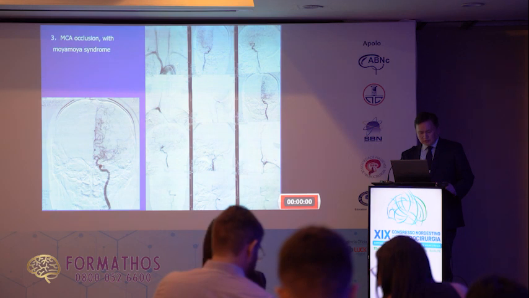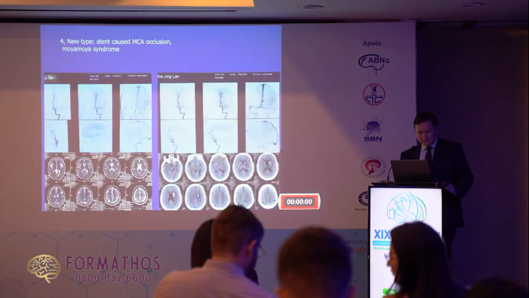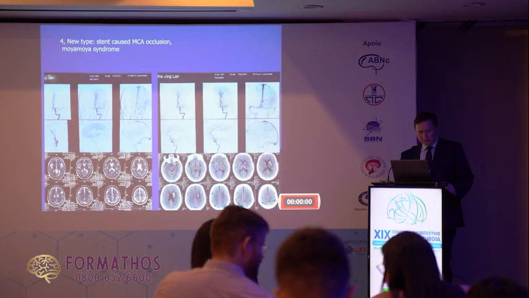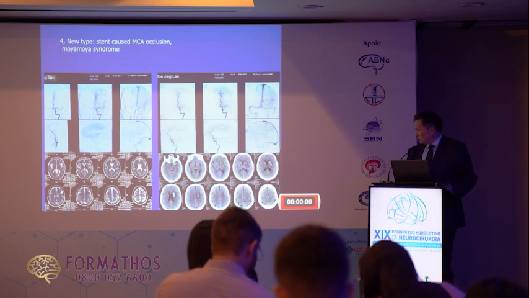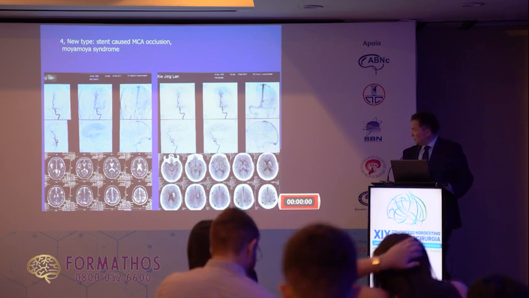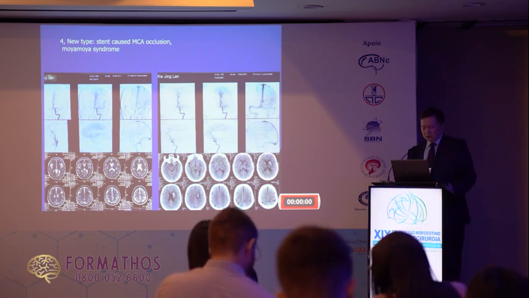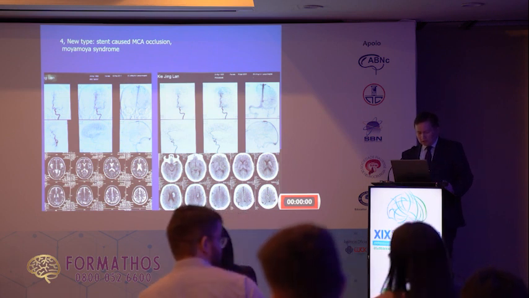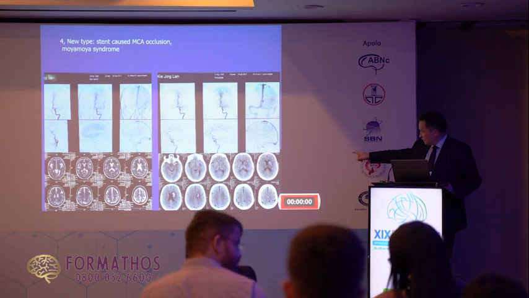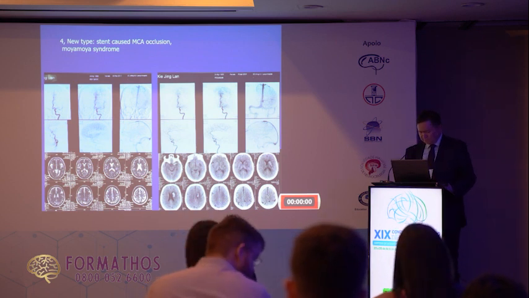This is the Moyamoya syndrome of MCA. Now we have a new type, stent-caused MCA occlusion. You can see the radiologist put a stent in MCA, but only after 4 months, it caused total occlusion of MCA, even causing bleeding in the basal ganglia.